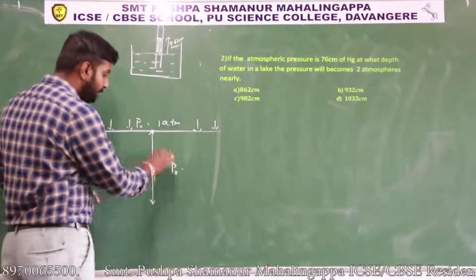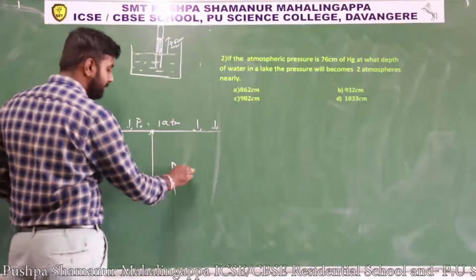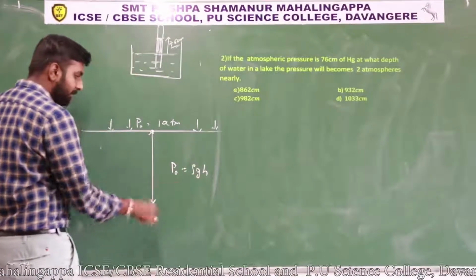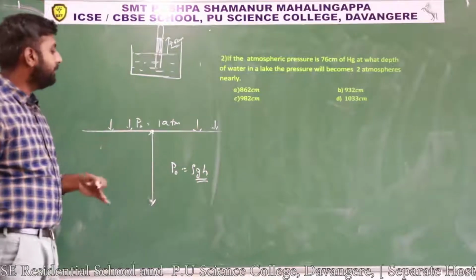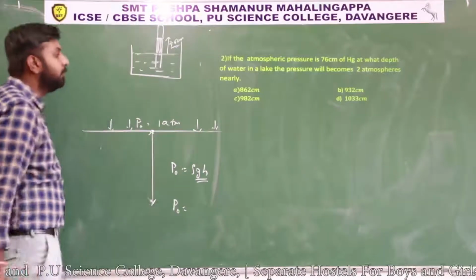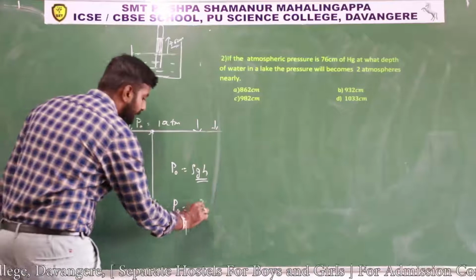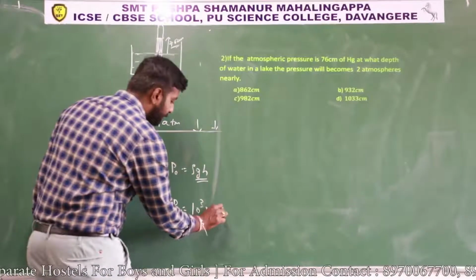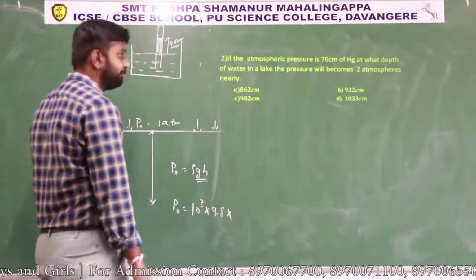So from this point to this point, what is the variation of pressure? The variation of pressure is rho g h. If I substitute the values, P naught equals rho, the density of water, 10 to the power 3, acceleration due to gravity 9.8 meter per second square, and h.